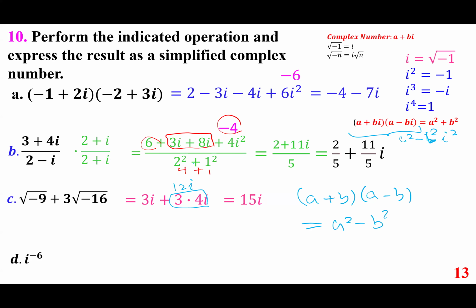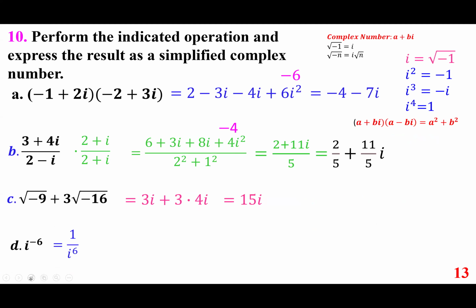What about i to the power of -6? 1 over i to the power of 6. And again, I want to go back to this. And understand if i to the power of 4 is 1, then i to the power of 8 is 1, i to the power of 80 is 1, i to the power of 2000 is 1, because they are divisible by 4.